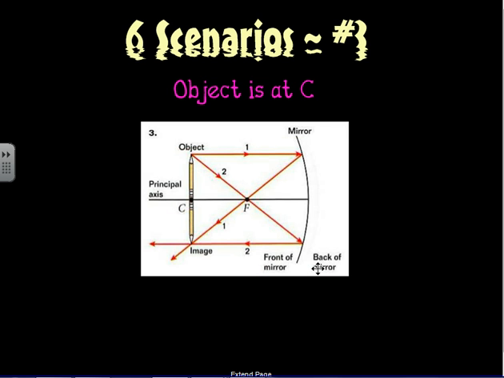Moving on to scenario number 3, where our object is located at the center of curvature. You can see that the image is also located at the center of curvature, except that it is inverted. But it happens to also be the same size as the object. It is also a real image.